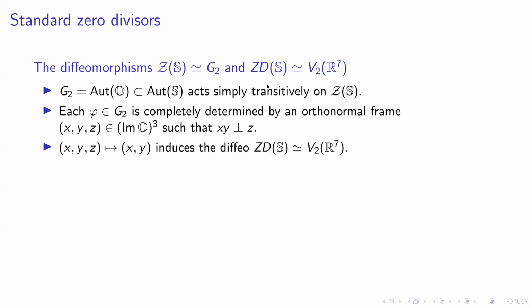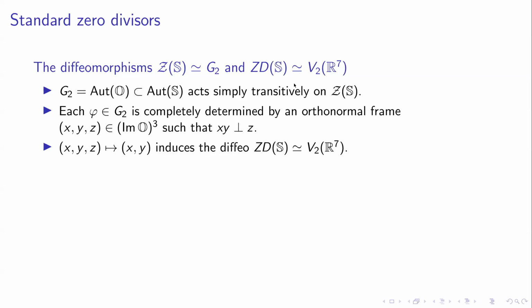In order to get the identification with the Stiefel manifold, we do the following. If we think of an element of G2 as an automorphism of the octonions instead of the sedenions, then it is completely determined by an orthonormal three-frame of imaginary octonions, such that the product of the first two is orthogonal to the third one.